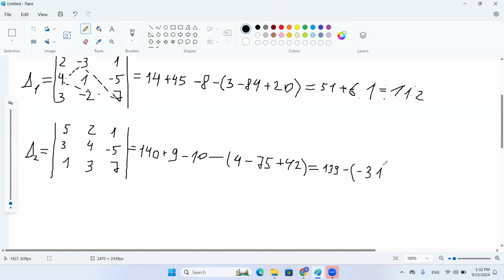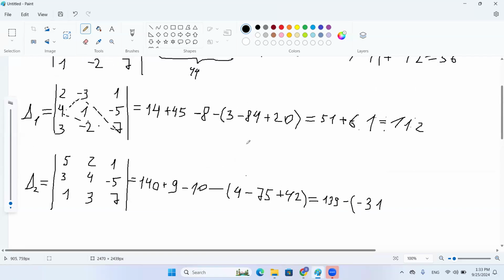And that's actually not correct. So let's search for the mistake. Minus 29, but we'll have 110, and that's not correct as well.